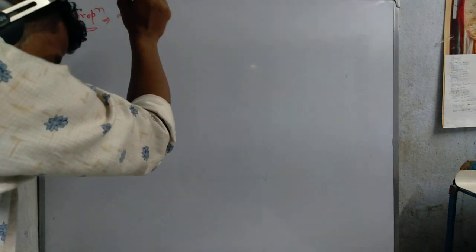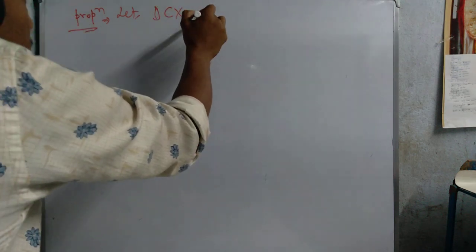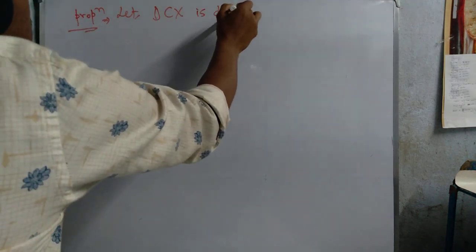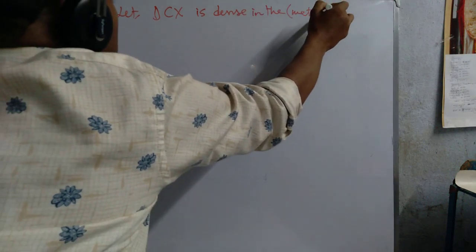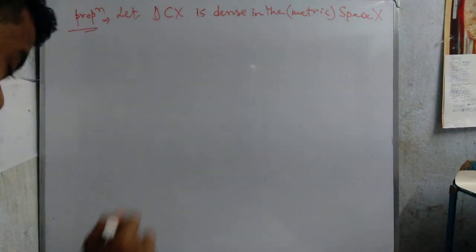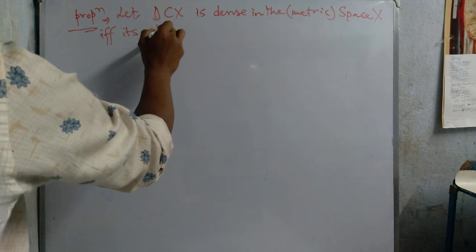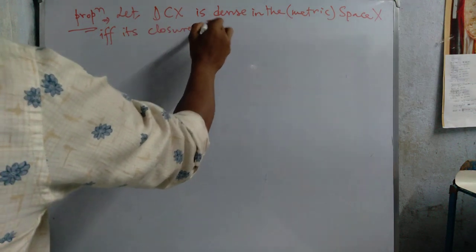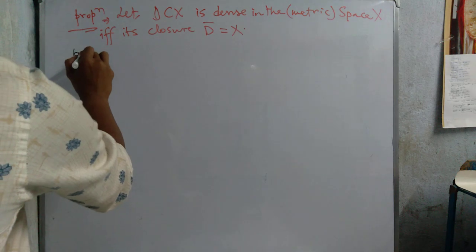Let D, a subset of X, be dense in the metric space X if and only if its closure equals X. How does this happen? Same thing, we are going to prove this.